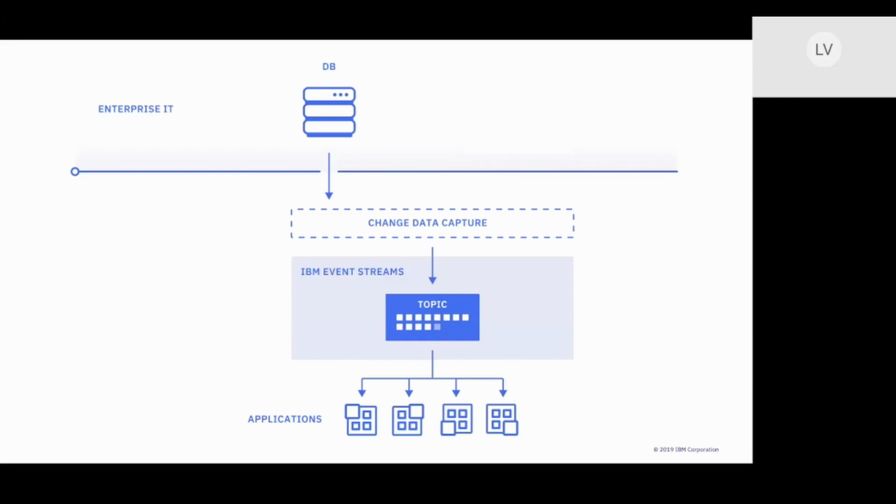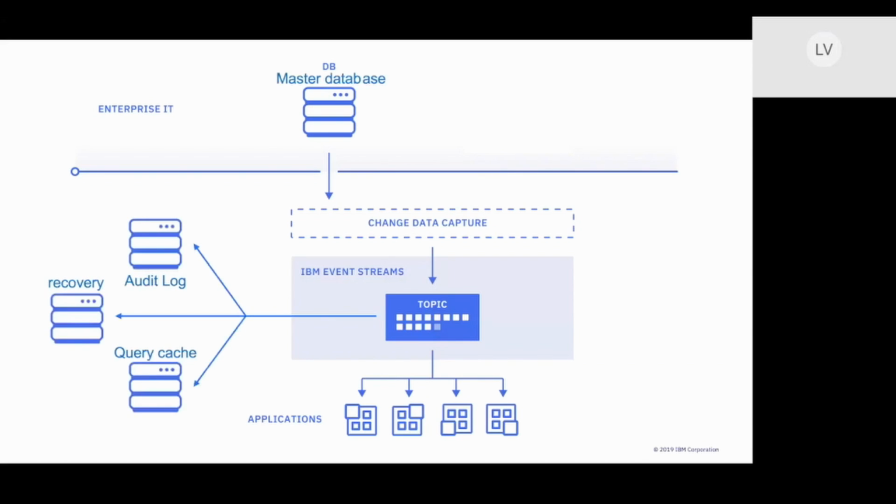What we're doing here is we just keep in mind the events sent by databases, and let IBM Event Streams manage the replication to the different databases associated with the master database. Like this, you can manage different replicas of your database.